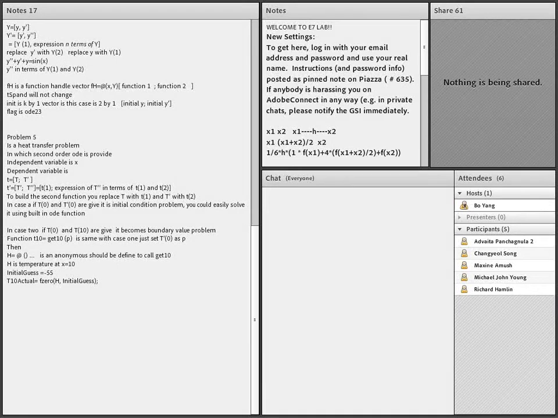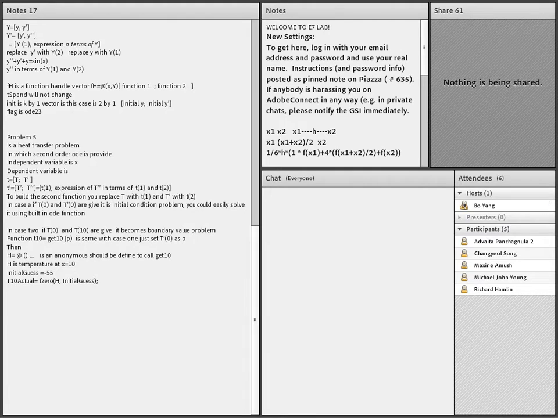What we can do is define a function which is named get10. The input argument is p, which is the T prime at x equals 0, which is not known. So the function get10 is pretty similar to how we define the function handle to solve the ODE problem.